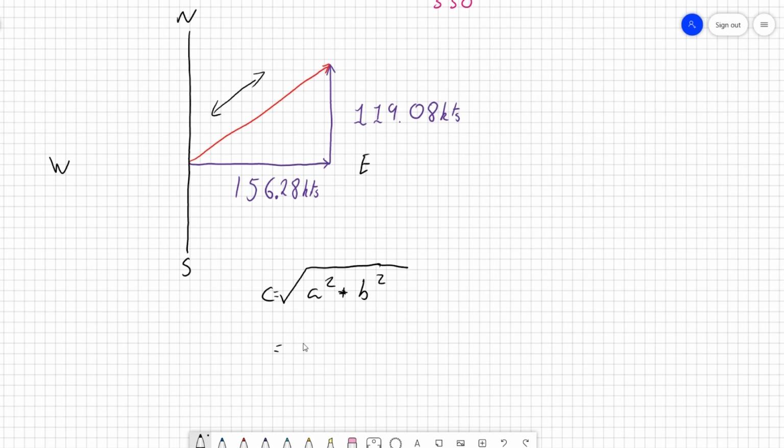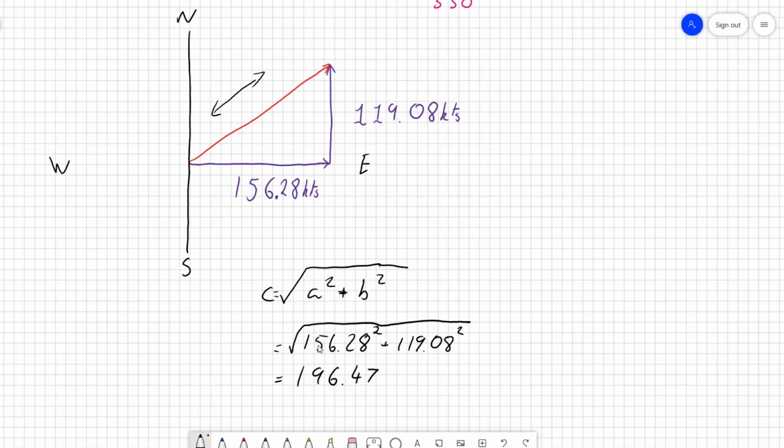So if I use these two here, 156.28 squared plus 119.08 knots squared, find the square root of all that, and I cheated, I used the calculator because I was trying to work it out a little bit faster, and I ended up with 196.47.